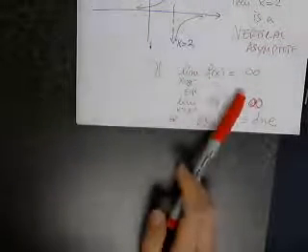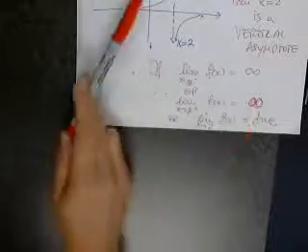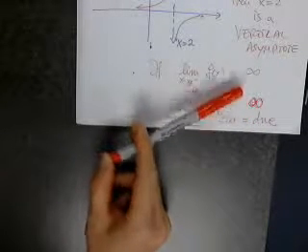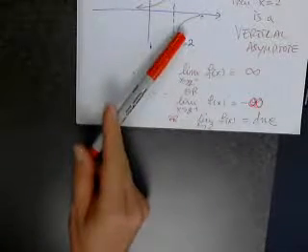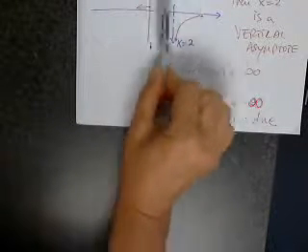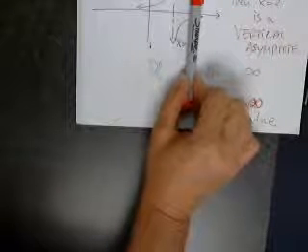If any or both limits of a function, from the left-hand side or the right-hand side, are infinity or negative infinity, if at least one or both are infinities, then x equals 2 is a vertical asymptote by definition.